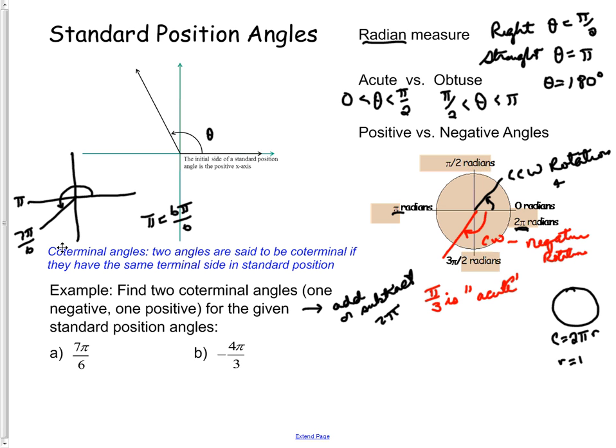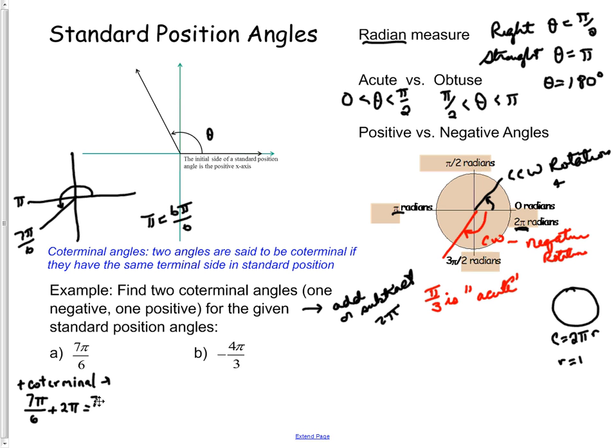Now I want to find a positive coterminal angle. I'm going to take my angle 7 pi over 6, and I'm going to add 2 pi. Because it is pi over 6, we would have to get a common denominator to add these two.